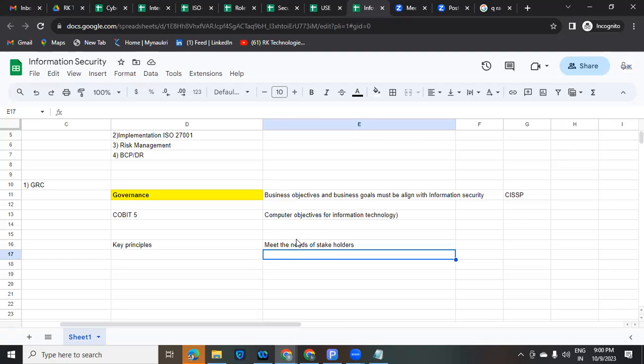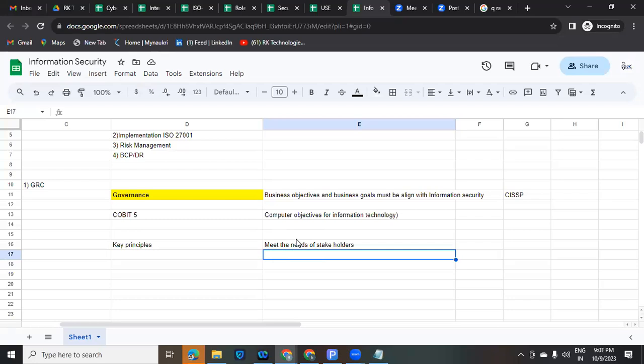Second, stakeholders, from the organization's point of view, are basically other team members. Within the organization, other teams are called stakeholders. For example, the DevOps team, TechOps team, machine learning team, Windows server team, Linux server team, and so on. All these teams we can call stakeholders to our security team.